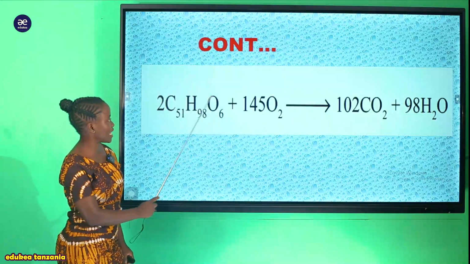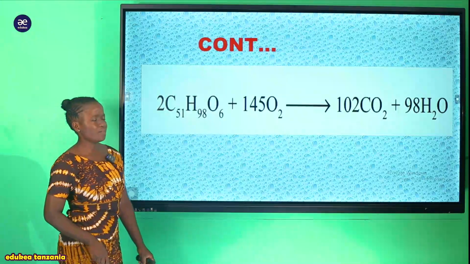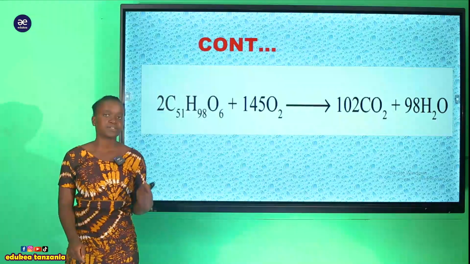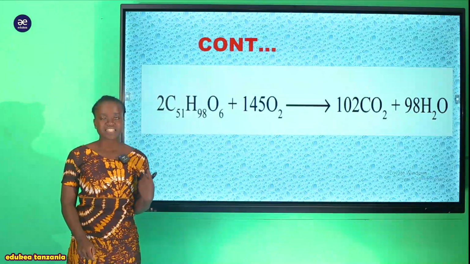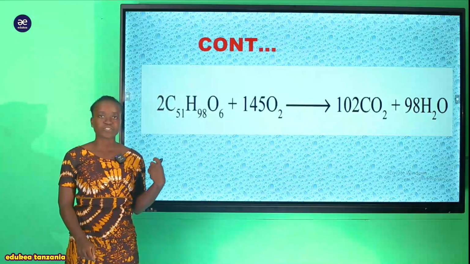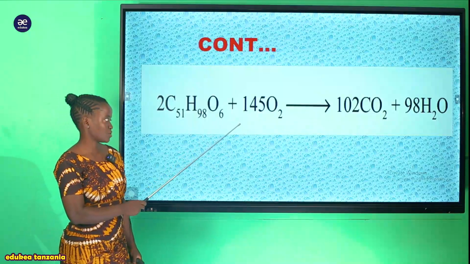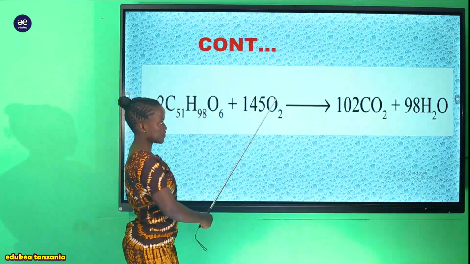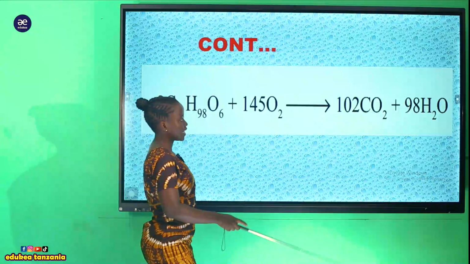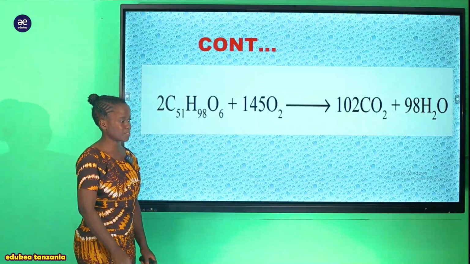Lakini pia ukija numbers of oxygen here, it is C. So my student, the thing that is very important here, just balancing the numbers of carbon dioxide and the numbers of oxygen which are used in the reactant and in the product. You can see here we have about 145 oxygen molecules. Lakini ukija kuangalia huku na kwenyewe utaona numbers of carbon dioxide which are present there.